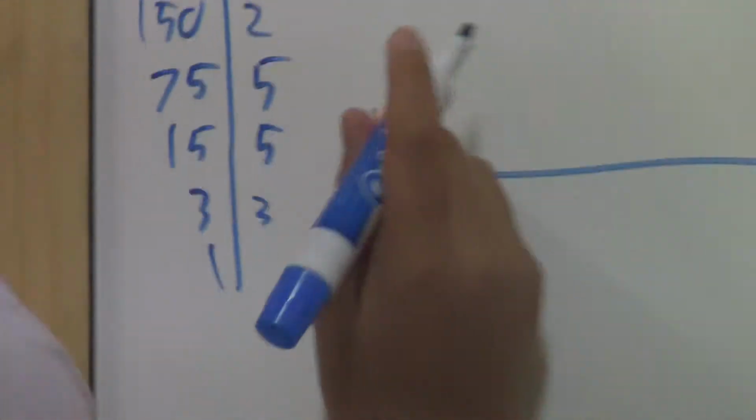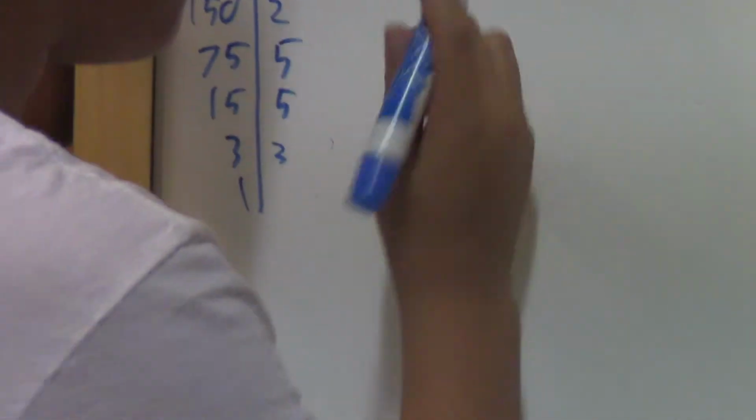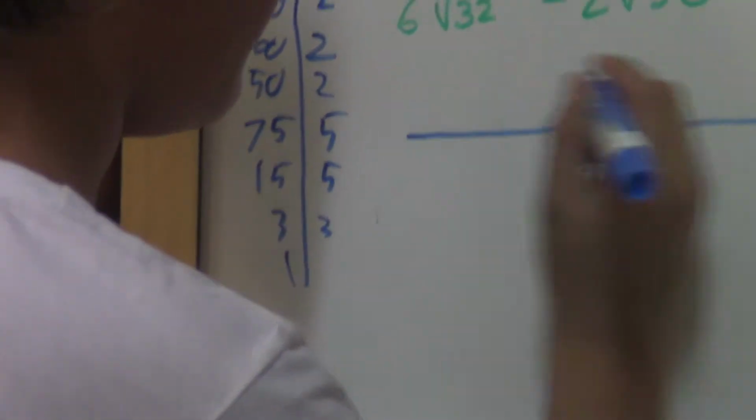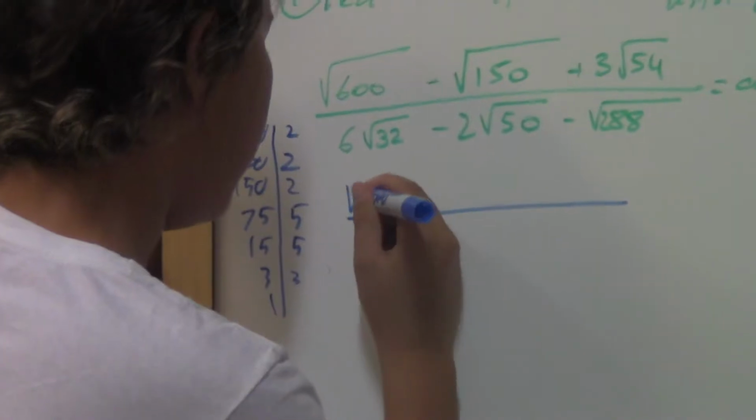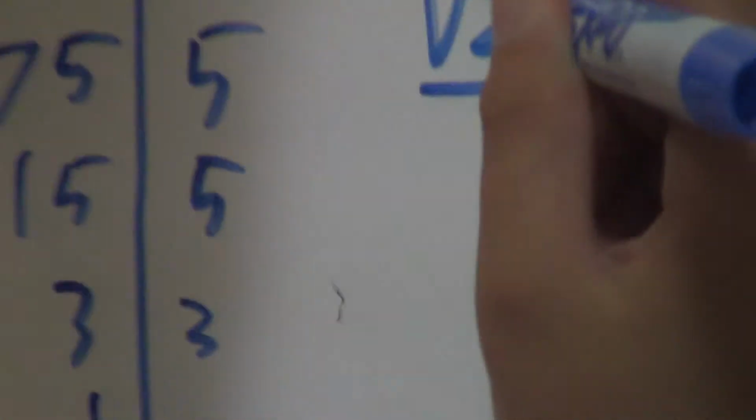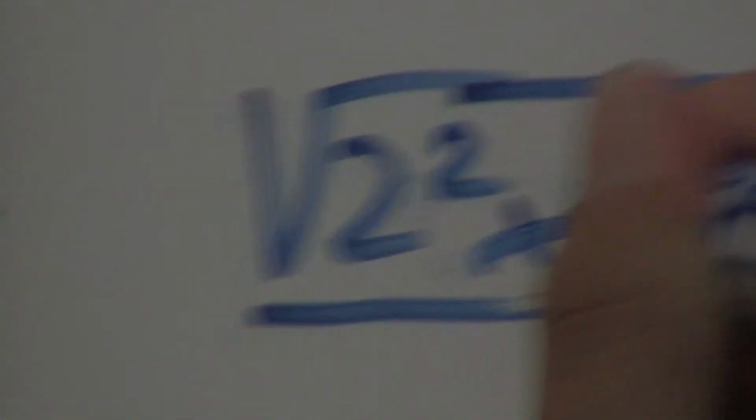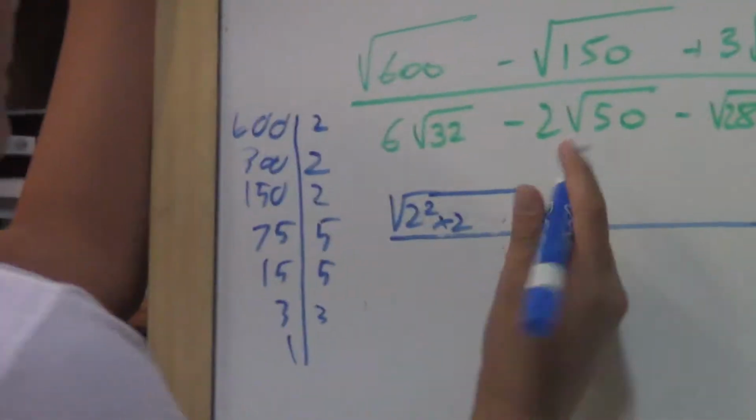But anyways, let me just rewrite it. 2 cubed times 5 squared times 3. I'm only going to use 2 squared because that's what is able to get out.